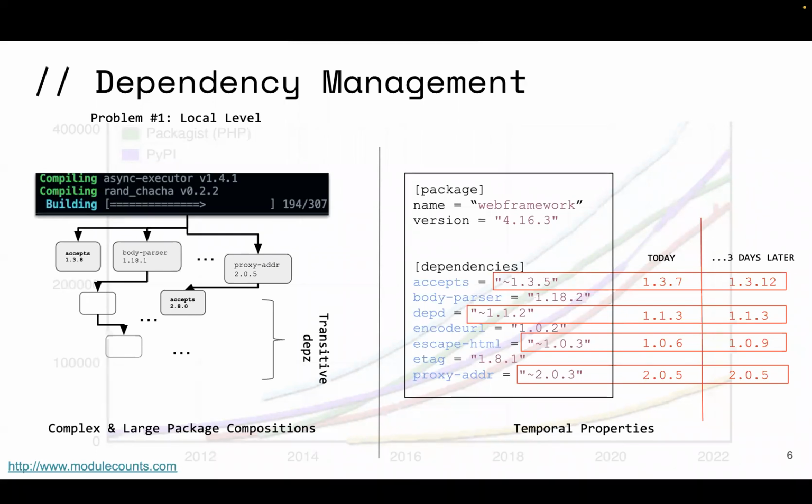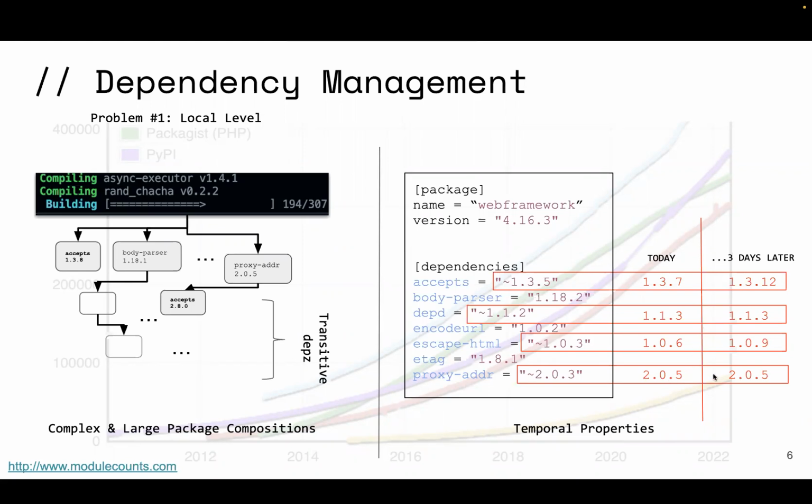For example, the accepts dependency has a tilde range on 1.35, and then we have another one on proxy address 2.03. If you try to resolve these dependencies today, you might get 1.37, or for example in proxy address, there's no new release, so you get 2.05.